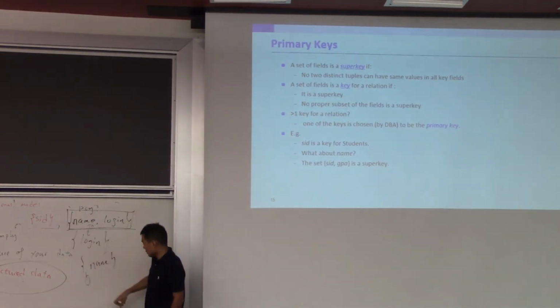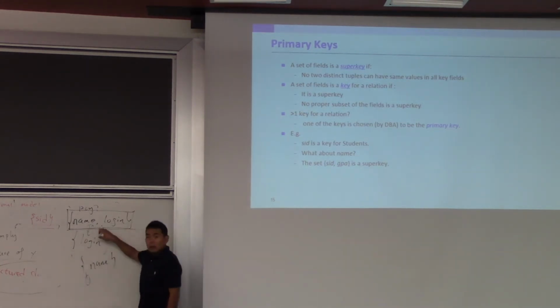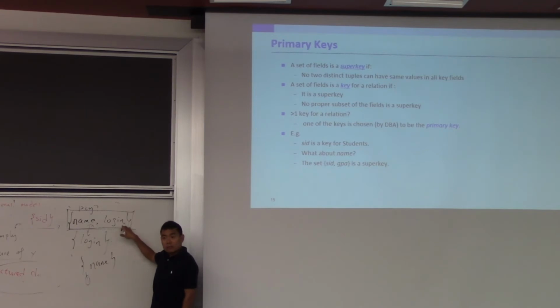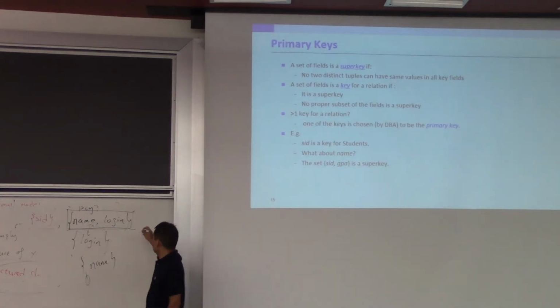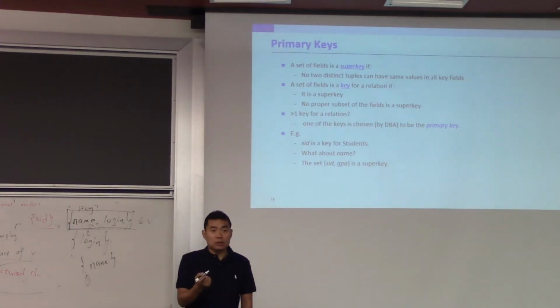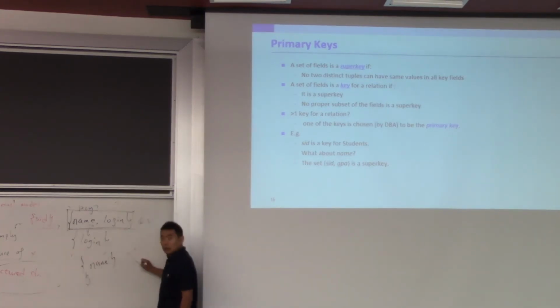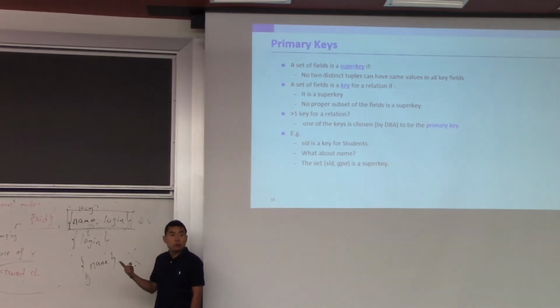Well, we check the definition. First of all, this set of fields itself must be a super key. So condition 1 is satisfied. This is indeed a super key, as we just discussed. And no proper subset is a super key. Now let's check. Name is not a super key because you may have duplicates.